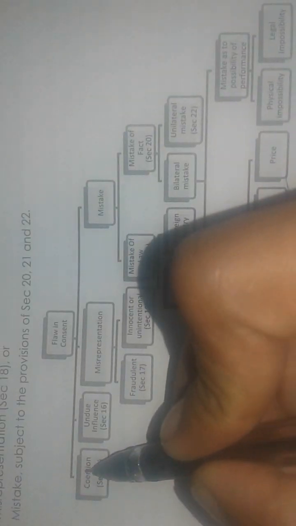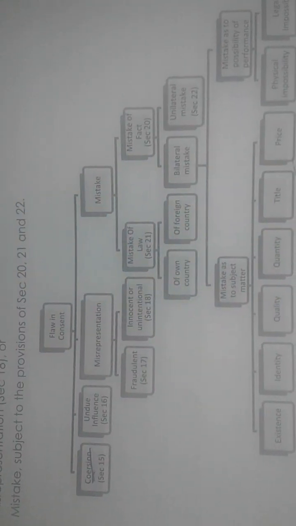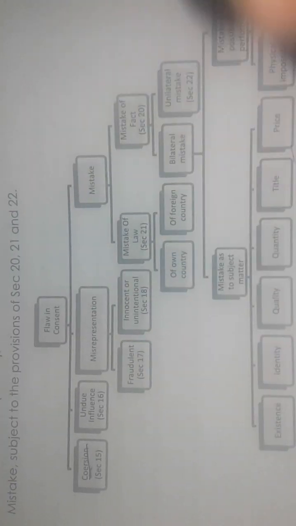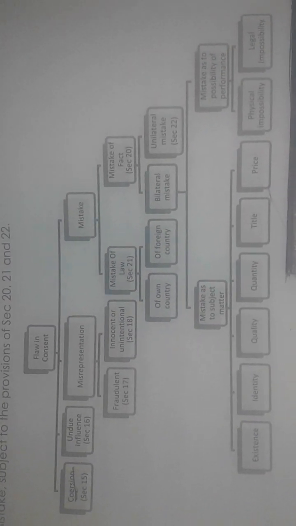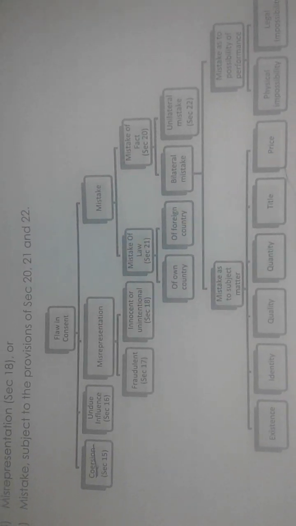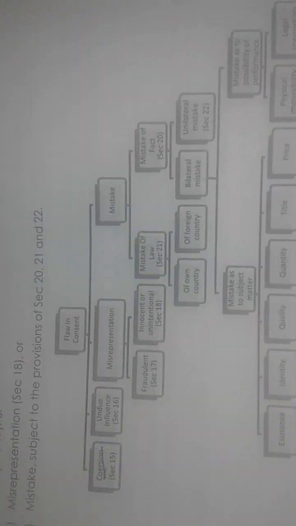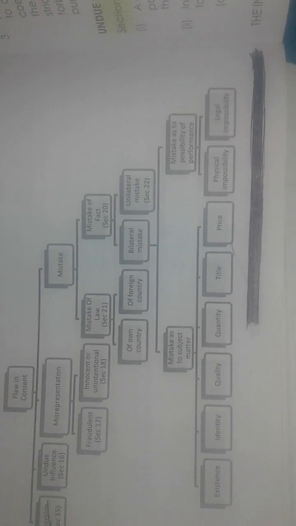So first is coercion. Section 15 of the Indian Contract Act deals with coercion. Coercion is basically forcefully getting anyone's consent without that person's will.